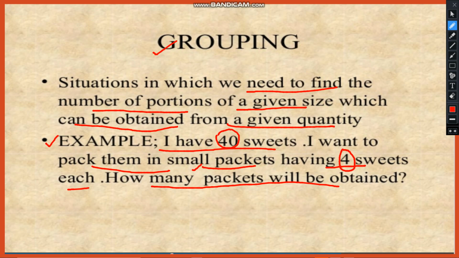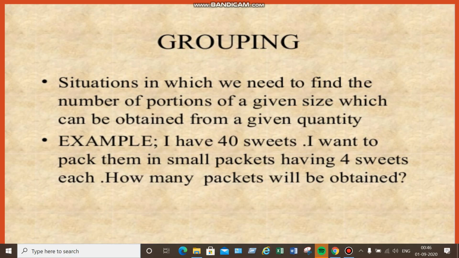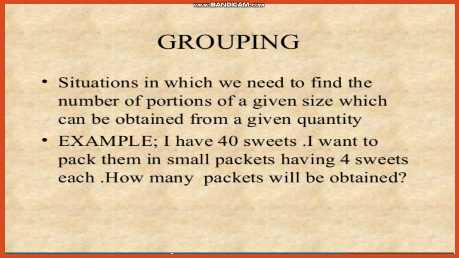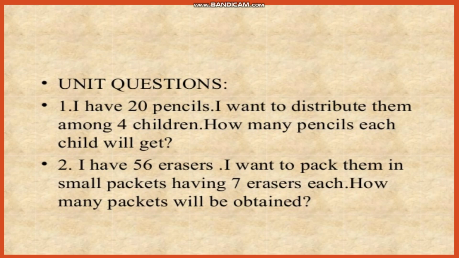Again they are asking you to divide and find the small packets which need to be obtained. Such a problem is that of grouping. So children, division problems are of these two kinds and you can easily identify them and solve them keeping the keywords in mind.